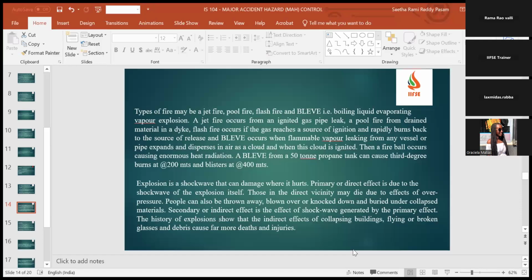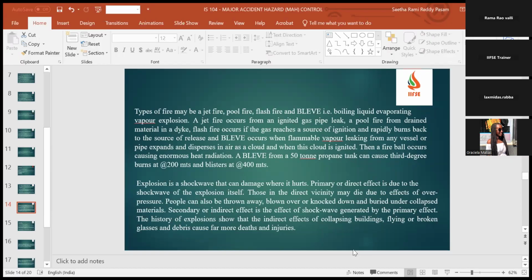And a fireball occurs, causing enormous heat radiation. A BLEVE from a 50 ton propane tank can cause third degree burns at a 200-meter radius, and blast effects at 400 meters. So if a 50 ton propane tank explodes, around 200 meters it can cause third degree burns. And even the explosion creates a shock wave that can cause damage where it hurts.